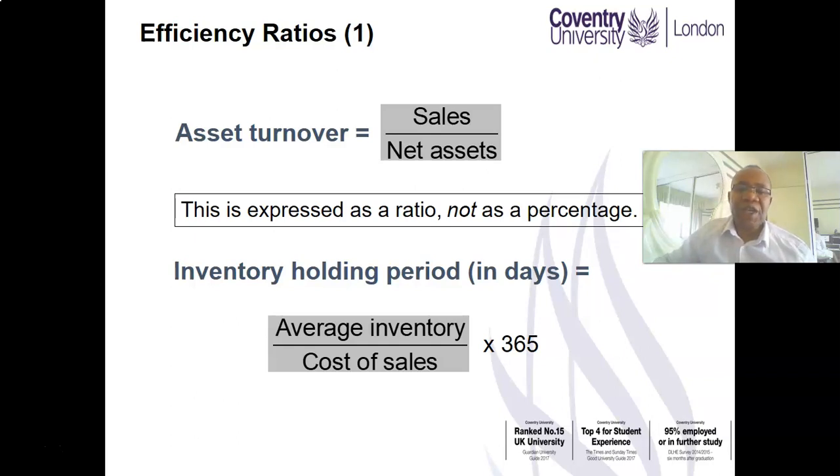Now, of course, if this has increased, it may indicate that we are holding our inventory for much longer. So we then need to investigate why we are holding our inventory for much longer. Could it be we are stockpiling because we are anticipating a huge increase in sales?